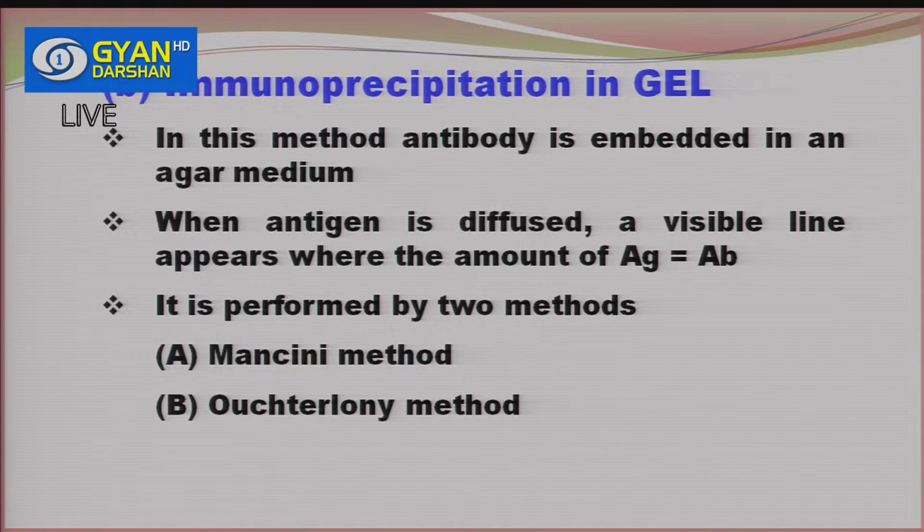When the antigen diffuses, a visible line appears where the amount of antigen and antibody are equal. It is performed by two methods, the Mancini method and the Ouchterlony method. These are the two methods we can utilize for detection of the concentration of antigens.